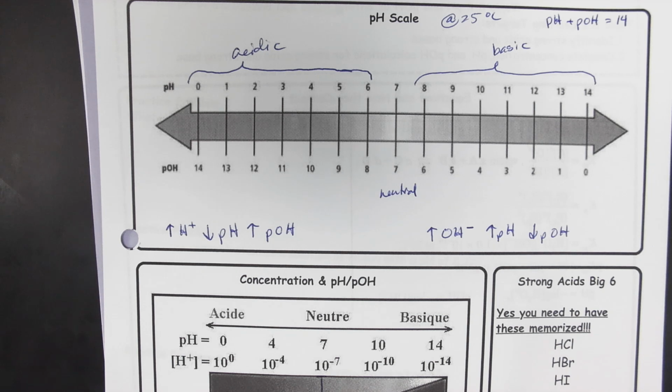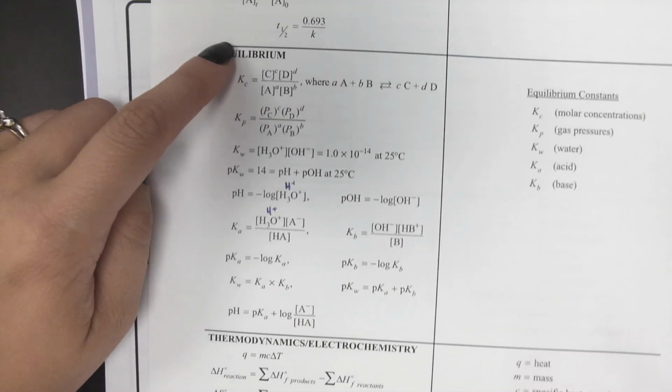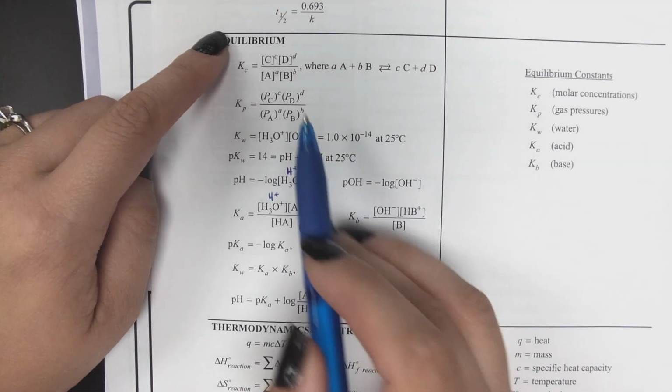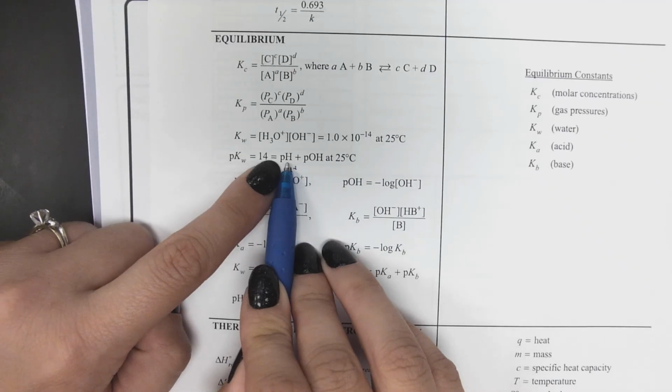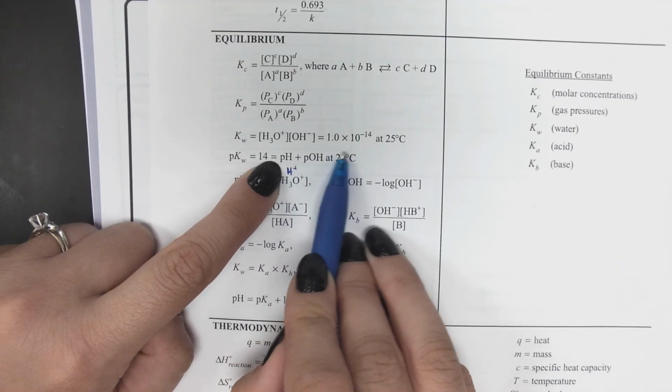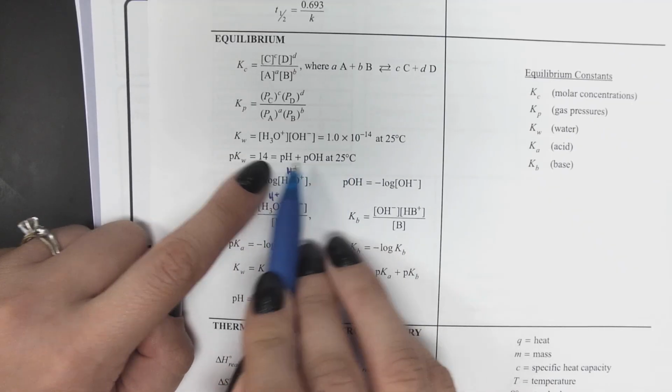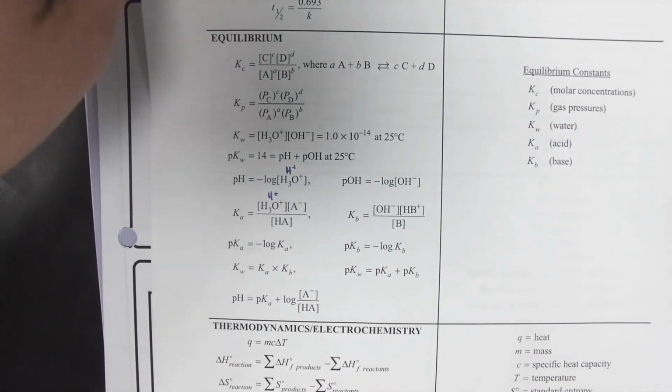Only at 25 degrees Celsius. If it's any other temperature, this doesn't work anymore. But yep, each time, if you take pH and pOH, so here's equilibrium, here is pH, here's pOH, and it says at 25 degrees Celsius, pH plus pOH will always equal 14.